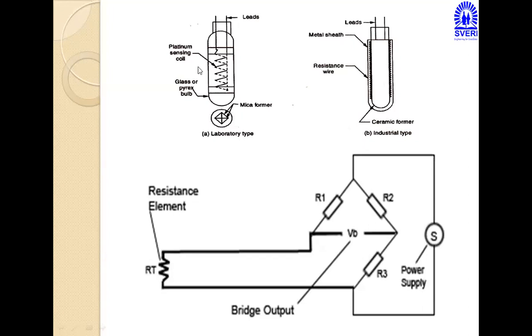For example, see, this is a glass or Pyrex bulb, and in that a platinum sensing coil is there. The platinum sensing coil senses the temperature variation with the help of the resistance element, and this resistance element transfers the changing temperature to the Wheatstone bridge, and the Wheatstone bridge notes the output voltage here.